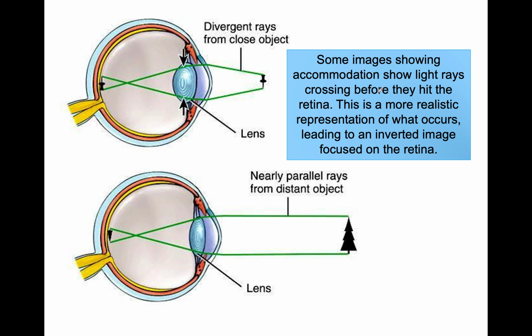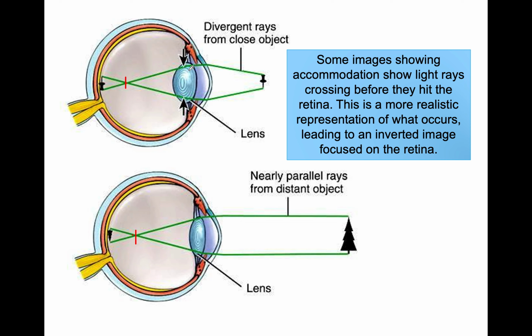In reality, the divergence will cause a focal point, we can see in these diagrams, before the retina. And in fact, an inverted image is produced on the retina, which is later interpreted when those impulses reach the visual association area.